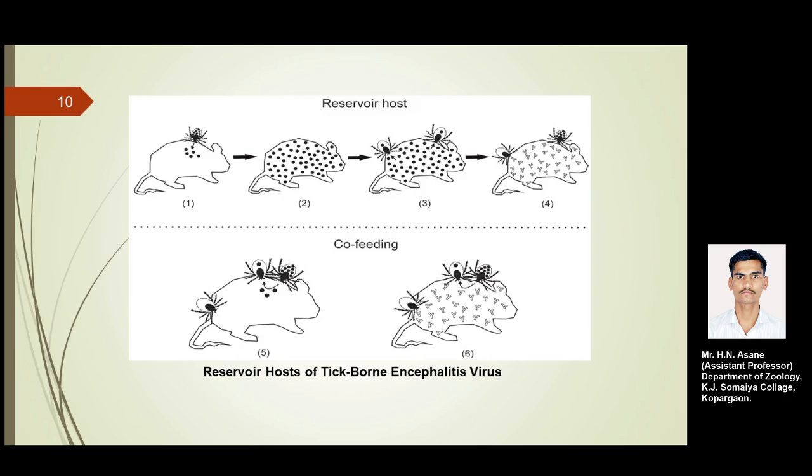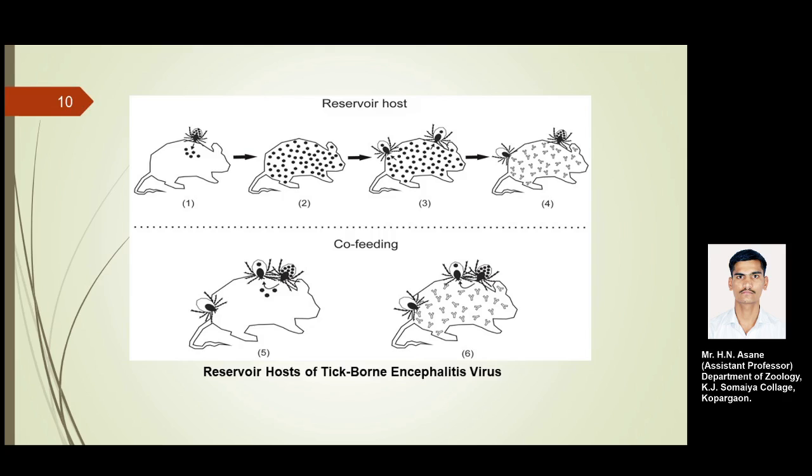If one tick feeds alongside other ticks, co-feeding occurs on the mice. Hence the mice are adapted to these parasites residing inside their bodies.